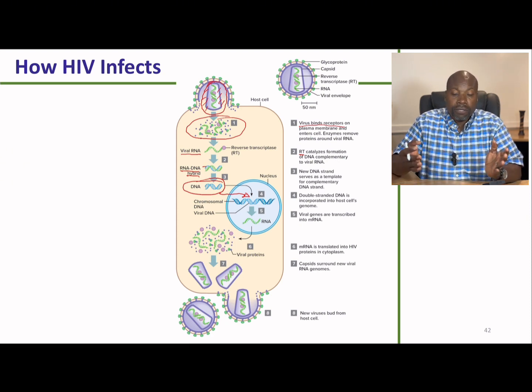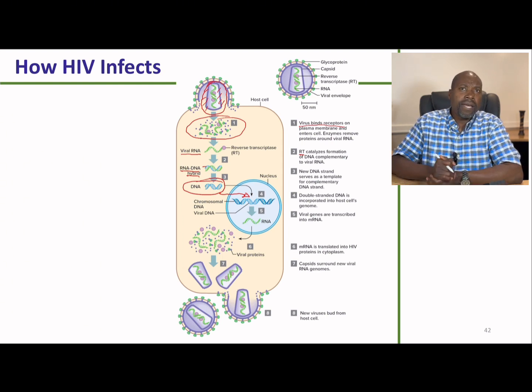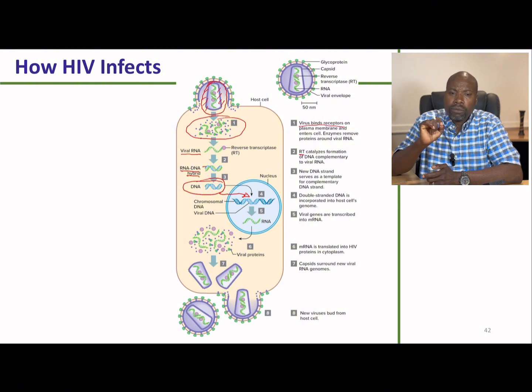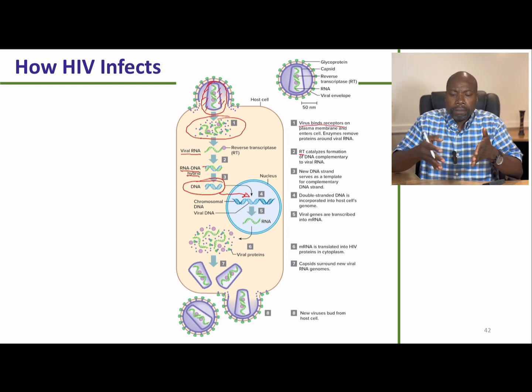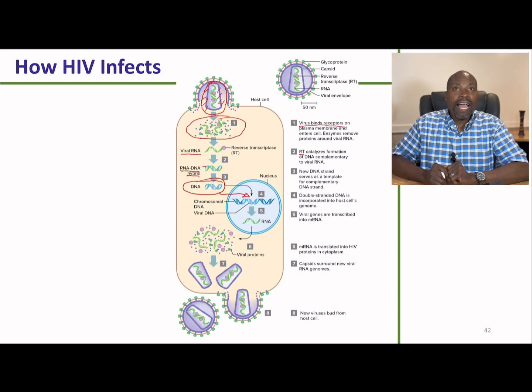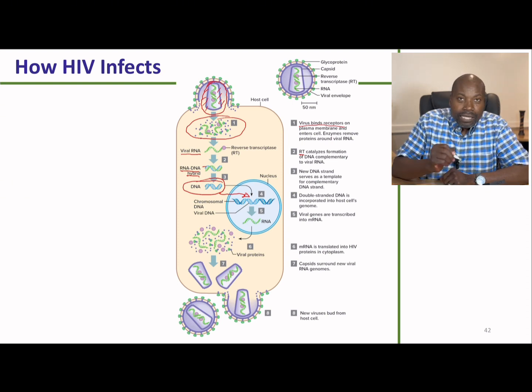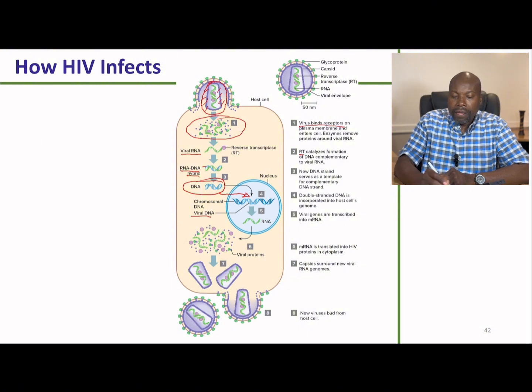Our system is going to further think, wait a minute, a small piece of double-stranded DNA sitting around, you have to be integrated into a chromosome. As a consequence, there is an integration of the viral DNA in our chromosome.